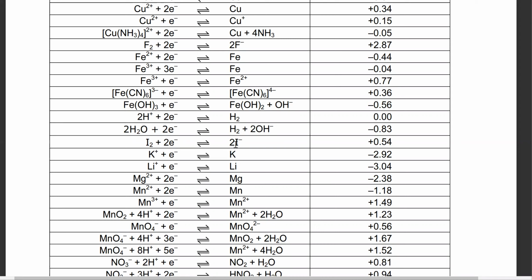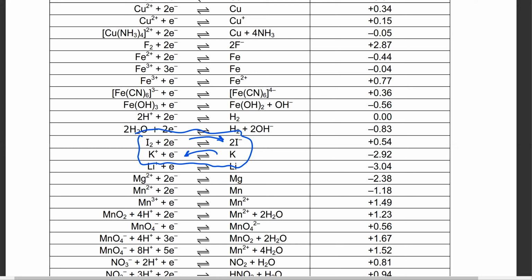So if I have iodine and I've got potassium, these two, who's going to gain electrons? Who's going to lose electrons? Iodine is going to gain electrons and potassium will lose electrons, right? That's pretty easy, right? Is that clear?